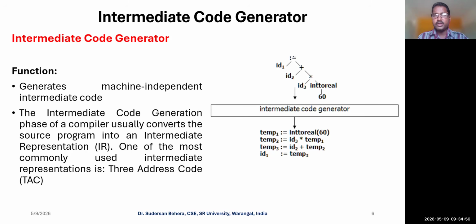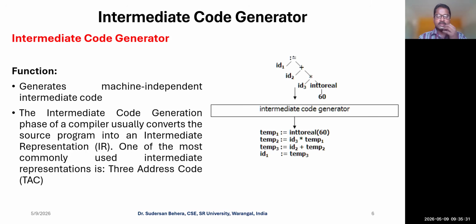So the role of the intermediate code generator is to break the entire source code into a different but particular format, that is called three address code. In the second line, the intermediate code generation phase of a compiler usually converts the source code into an intermediate representation known as IR. One of the most popular IRs is three address code.